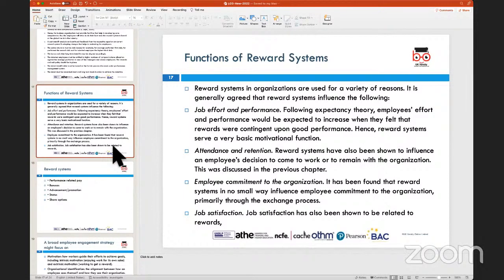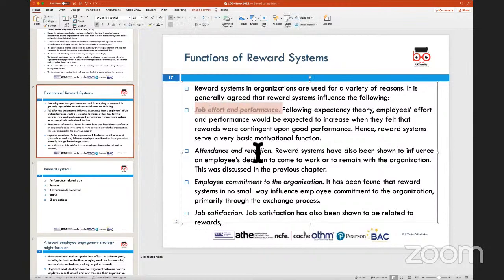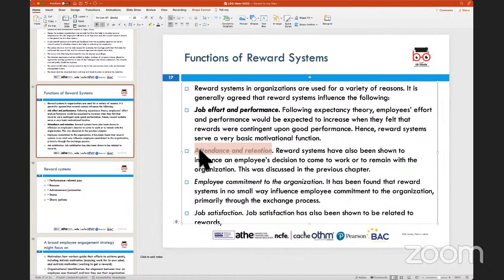Now, why are rewards required? Very briefly, rewards are required because the organization is trying to motivate you to perform better. So in a sales manager situation, in sales, marketing, business development, the more you get in terms of revenue targets, the more incentives you get at the end of the month in terms of your salary.